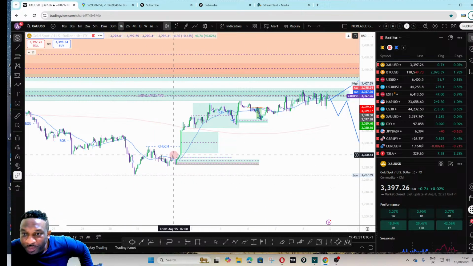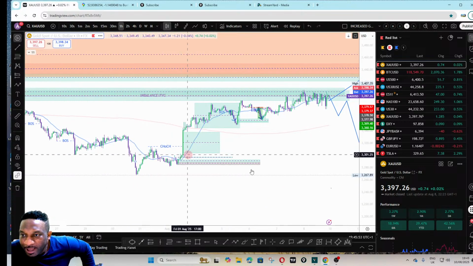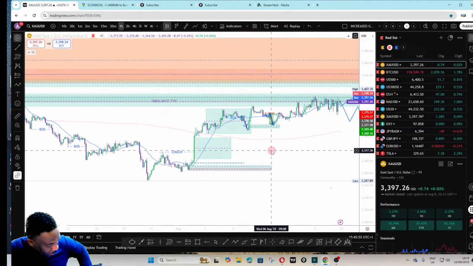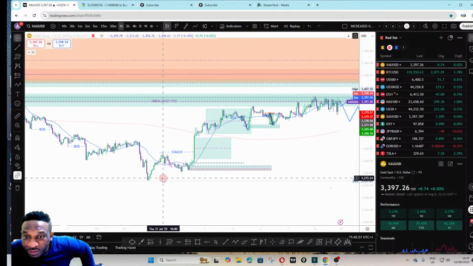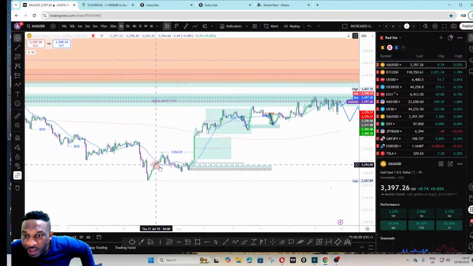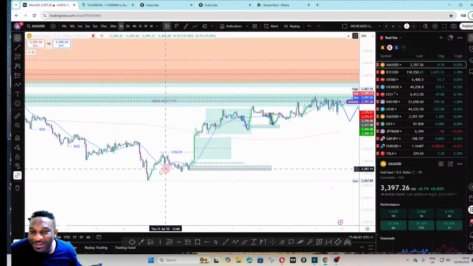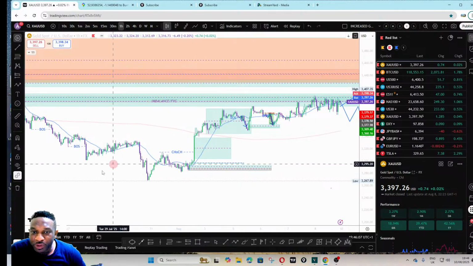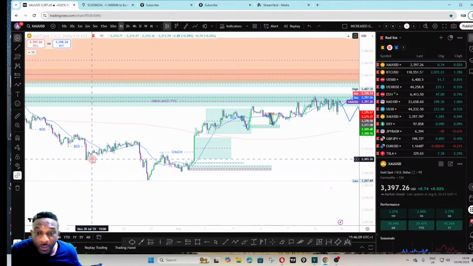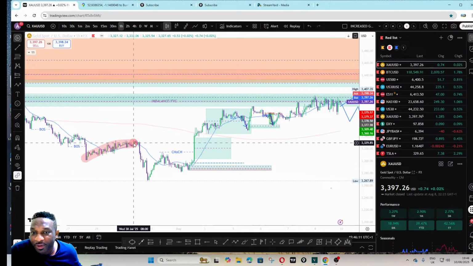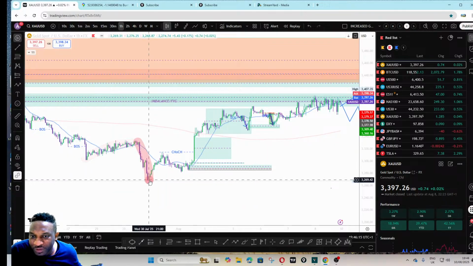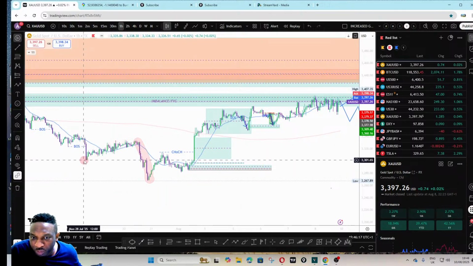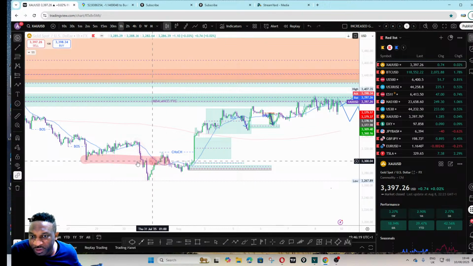Okay, so again, I was explaining to one of my people that I prefer taking trades from the second leg of a move. So we had this push up here, and then we had another impulse move down here. This impulse move broke this structure.